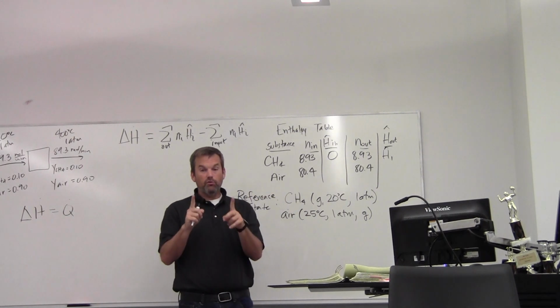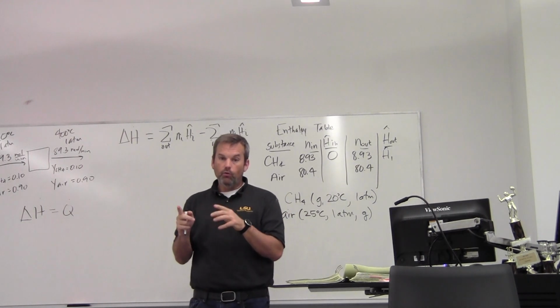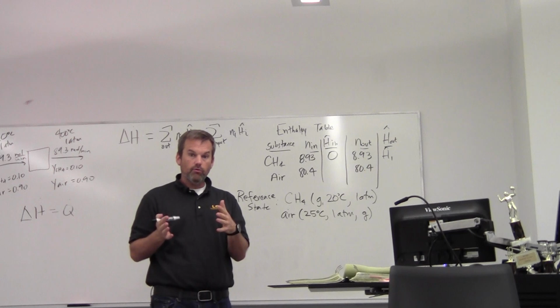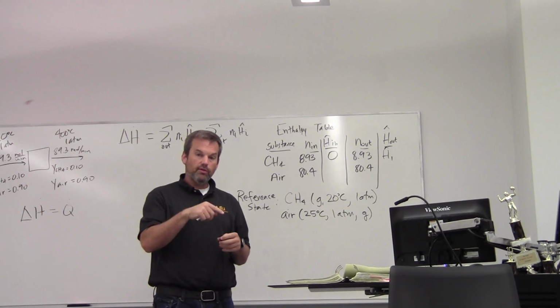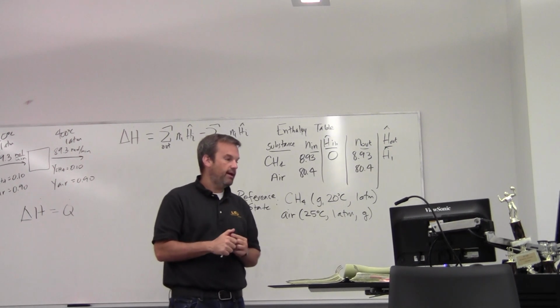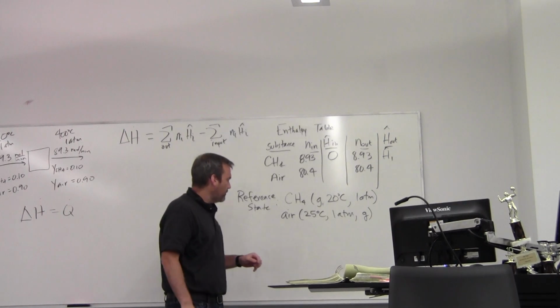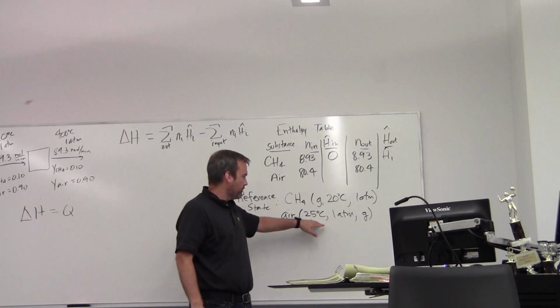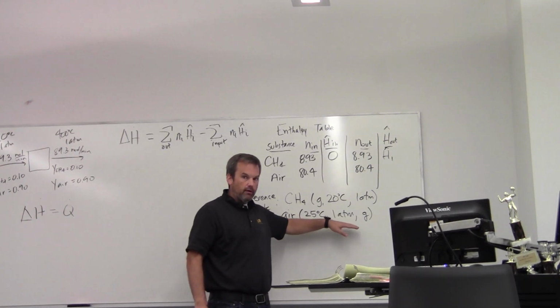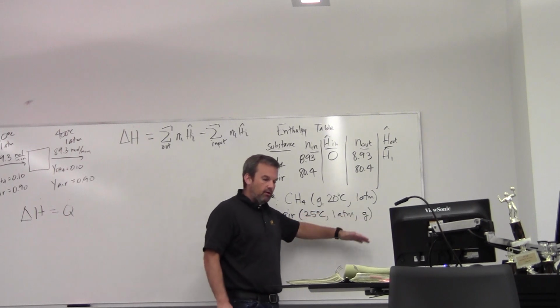It's because I want to be able to use table B8 and B9. If you want to be able to compare enthalpy values in tables, you have to use the same reference state that they use in that table. So in B8, the reference state is 25 degrees Celsius and 1 atmosphere as a gas. So I'm going to use B8.